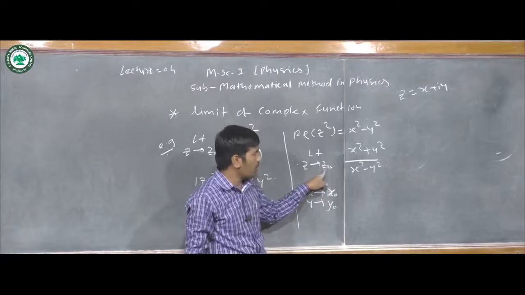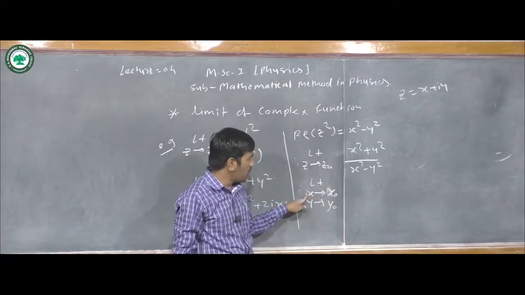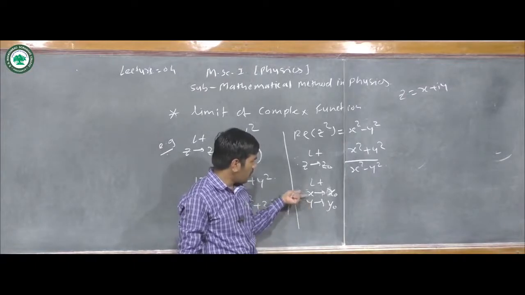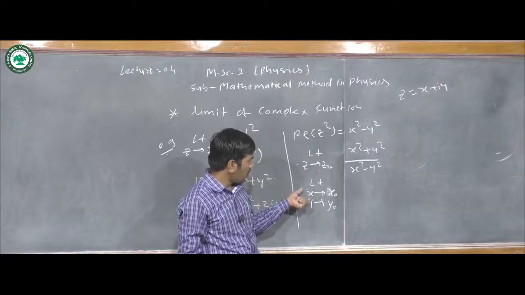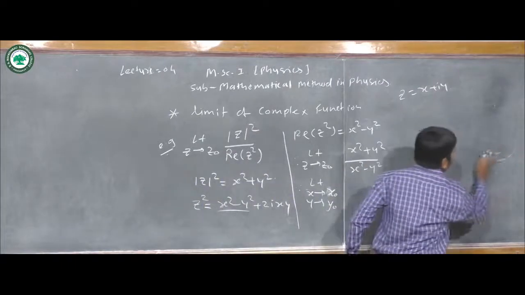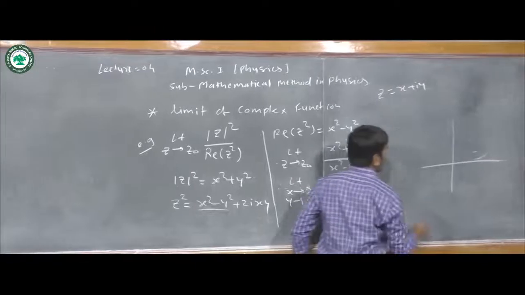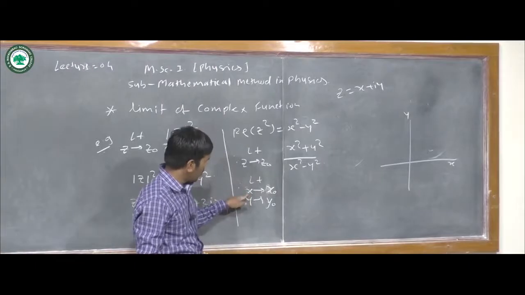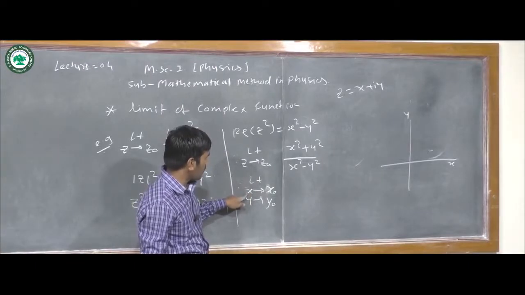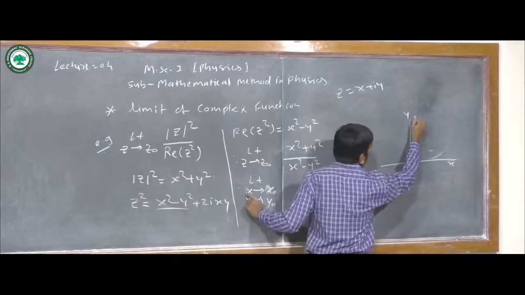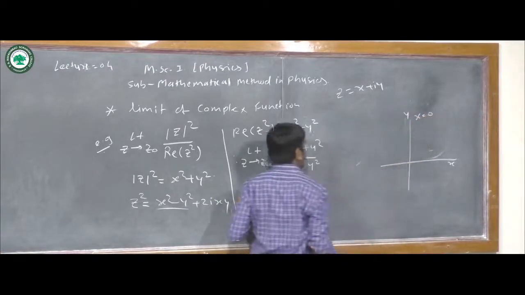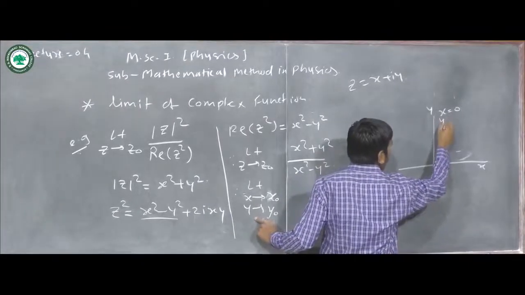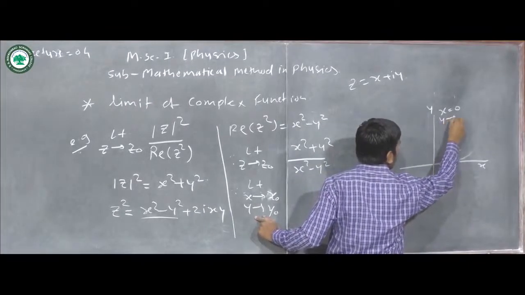Okay, so here are two variables, that is x and y. So we can approach in different ways. Like if I draw this, this is x and y. If we consider y is equal to 0 or x is equal to 0, suppose we consider x is equal to 0, and y is approaching y naught.